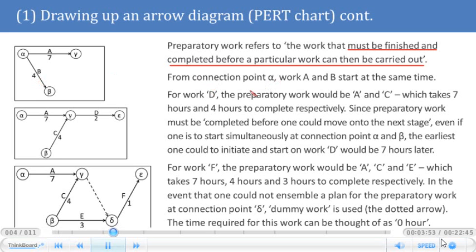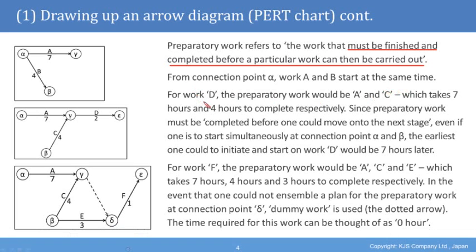From connection point alpha, we'll be labeling the first point alpha. Work A and B can start at the same time. We discussed this before because they both have no preparations required. For work D, if we refer to the table, the preparatory work would be A and C, which takes 7 hours and 4 hours to complete respectively.